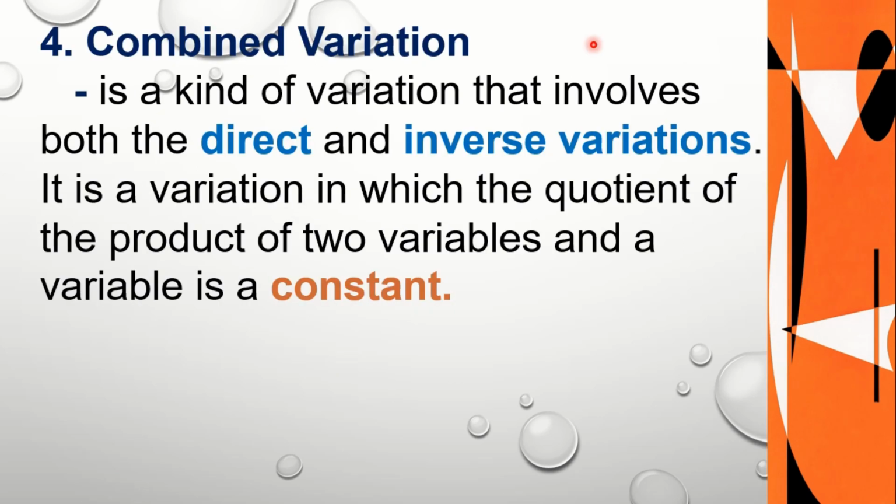The last type of variation is the combined variation. It is a kind of variation that involves both the direct and inverse variations. It is a variation in which the quotient of the product of two variables and a variable is constant. So from the word combined, it is a combination of the direct variation and inverse variation.